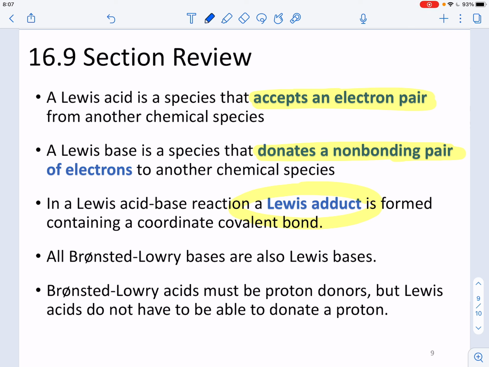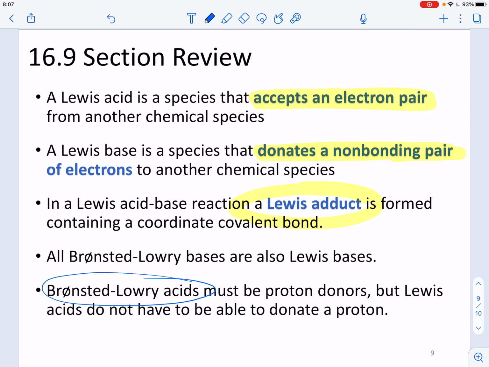Now, because the Bronsted-Lowry bases, in order to capture that proton during the acid-base reaction, are required to have the lone pair, then all Bronsted-Lowry bases are also Lewis bases. Okay, it's almost by definition, they are all Lewis bases. However, the story is different for acids, because for Bronsted-Lowry, there is a requirement.